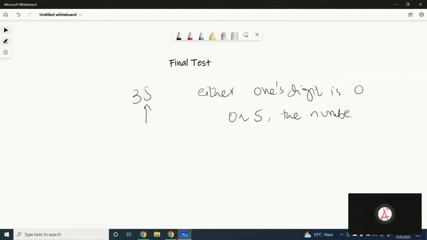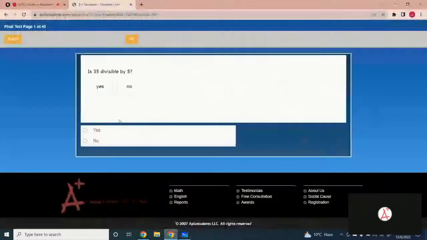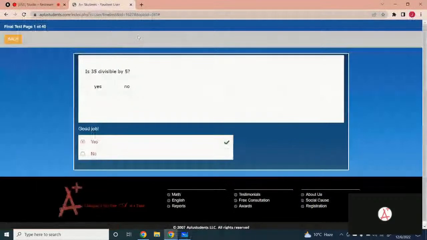So you have 35. That means the number is divisible by 5. Got it? The answer is yes. Just select the correct option, then click on the OK button.